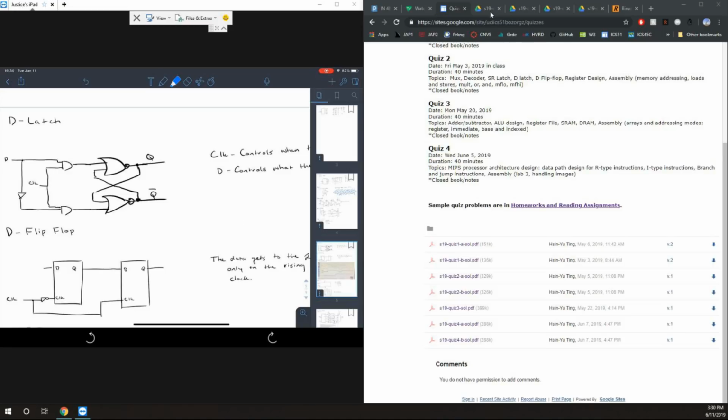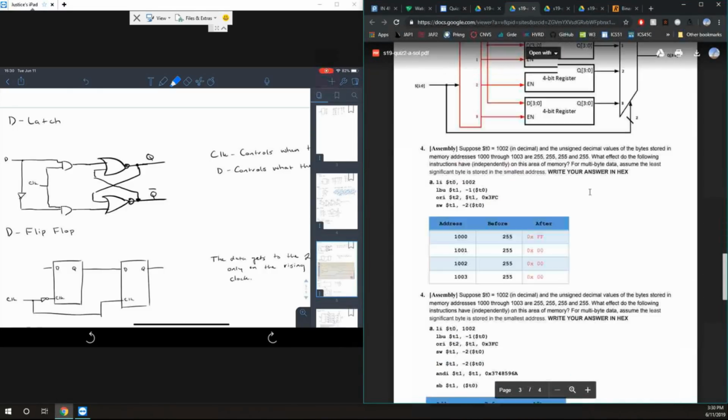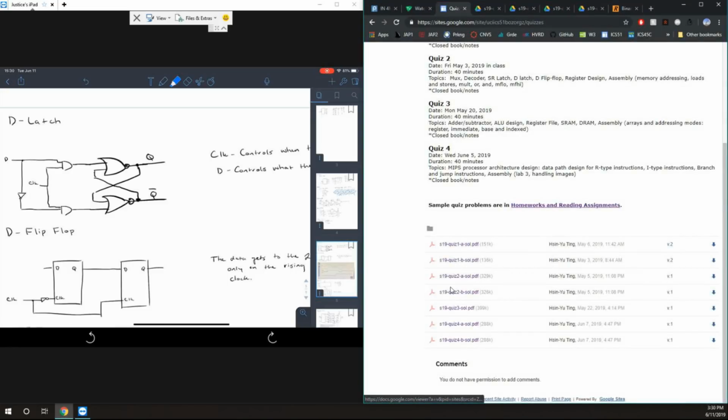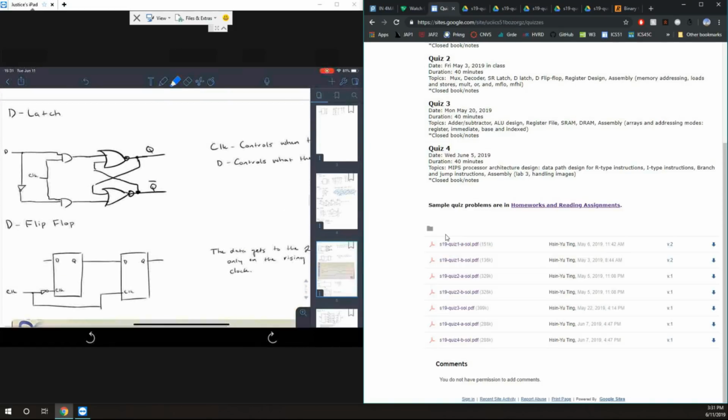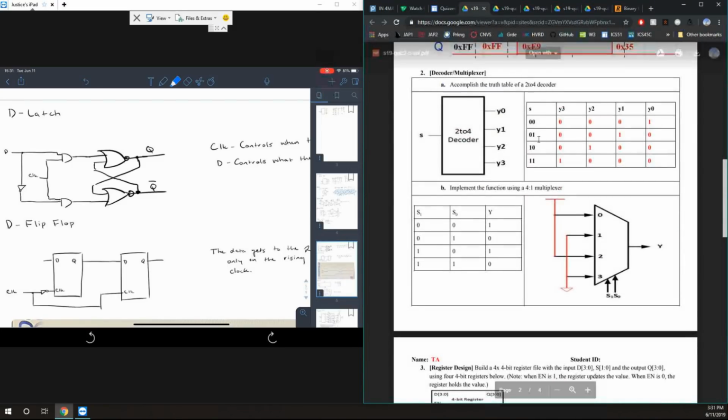Are you talking about 2B? 2B is the one we were just talking about, I think. This one, the register. They said we might have to know how to draw D latches and stuff, like know the inner workings of them. This is 2B. Is that what you meant?